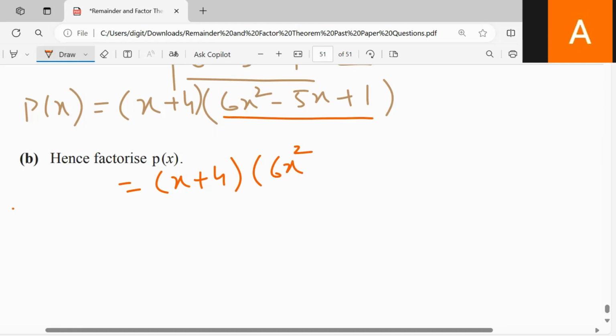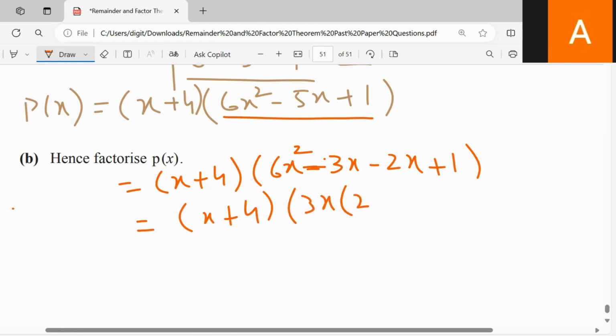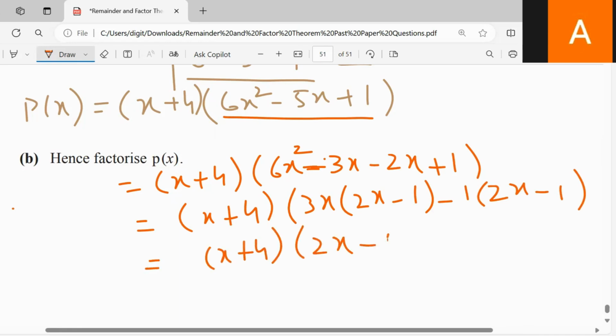So 3 and 2 are the factors; when you multiply, you get the product. We take 3x as common, so 2x minus 1, and minus 1 is common, so 2x minus 1. So your answer is x plus 4, 2x minus 1, and 3x minus 1.